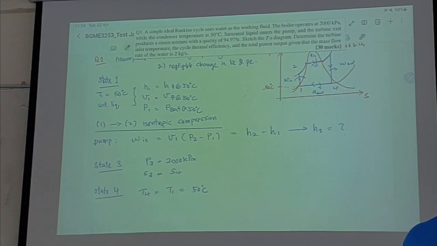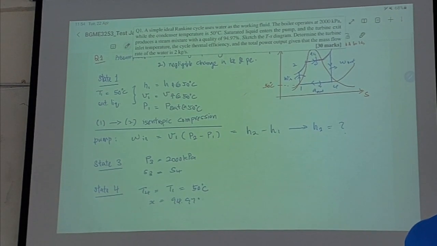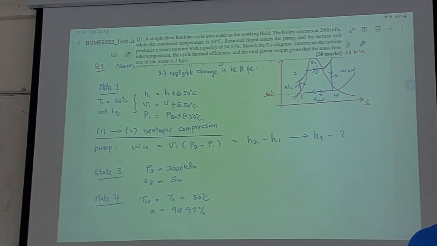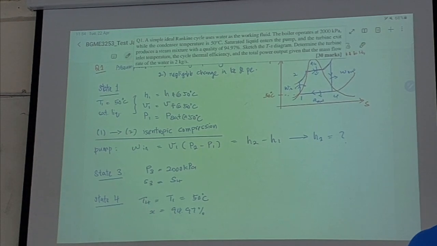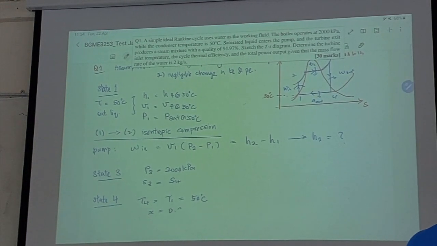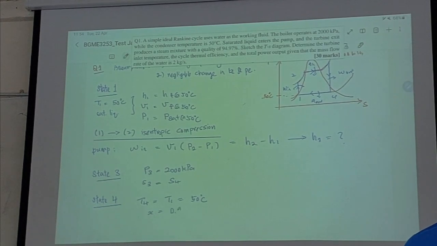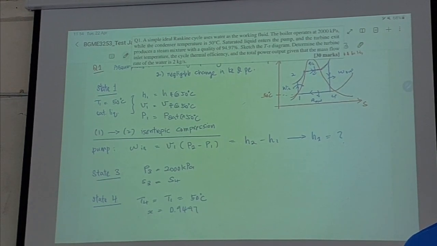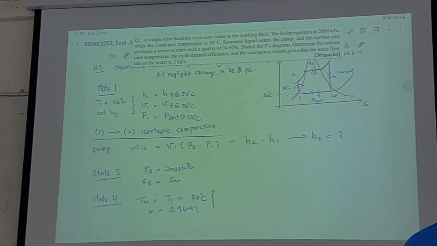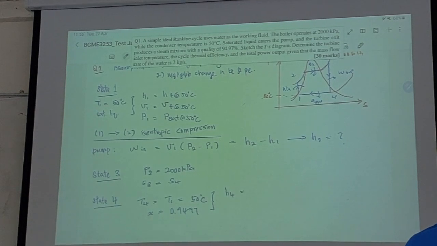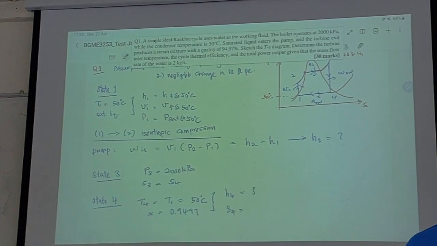So we keep this, and we know that x equals 94.97%, or maybe I prefer 0.9497. So then you can find H4, you can also find S4.